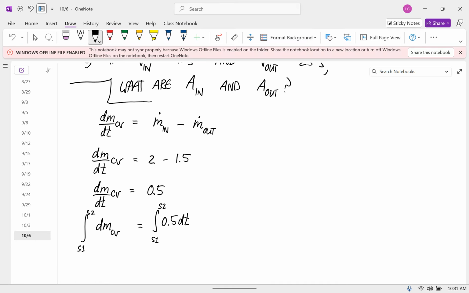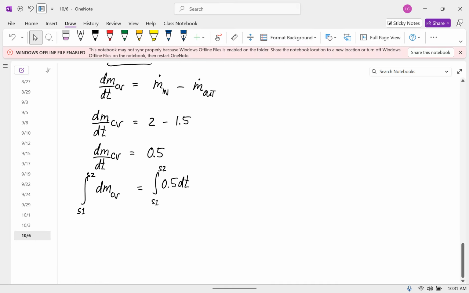So for dm, we're integrating with respect to m. And so these boundaries need to be masses. So we're starting at 5 kilograms and going to 20 kilograms.